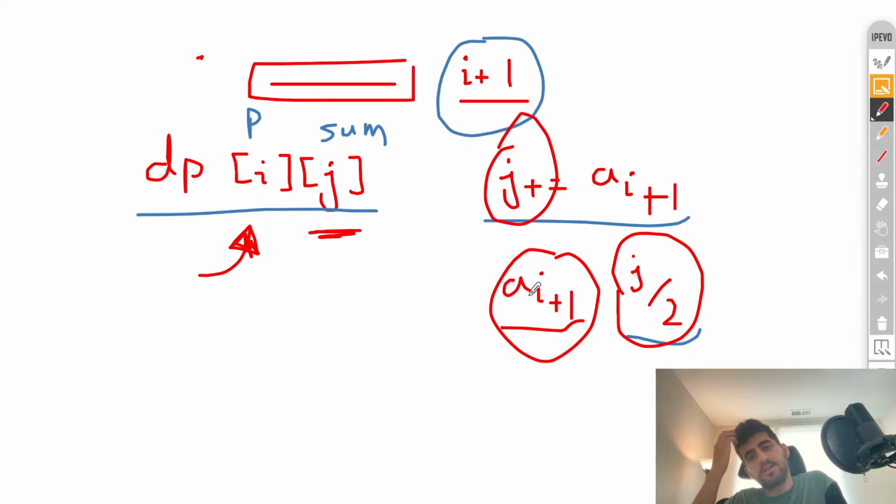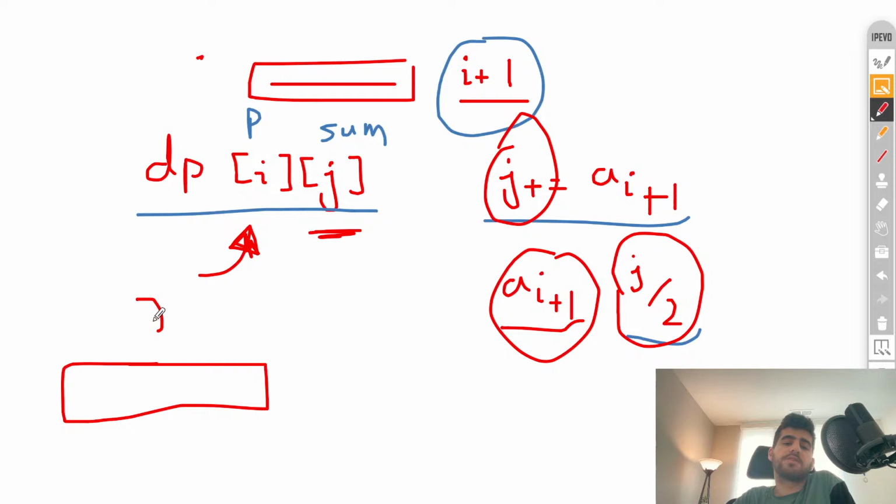We only consider the first i balls, and not the rest of them. So dp of i and j is the number of ways. When I add i plus 1, I have to update dp of i plus 1 and j plus a of i plus 1. The beauty of it is here: we don't need to store the new maximum, because this number is less than the next numbers. We don't need to store the maximum anymore, right?